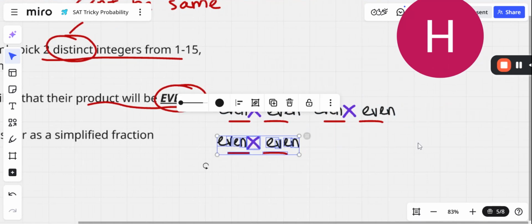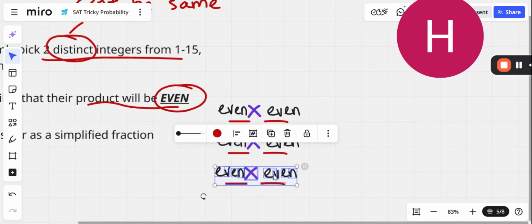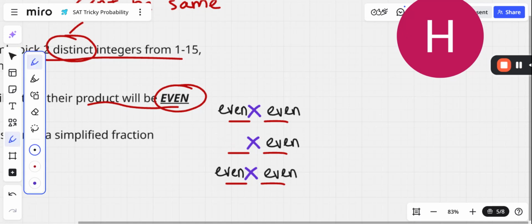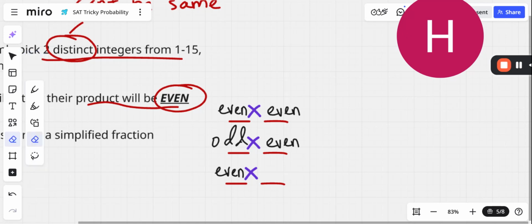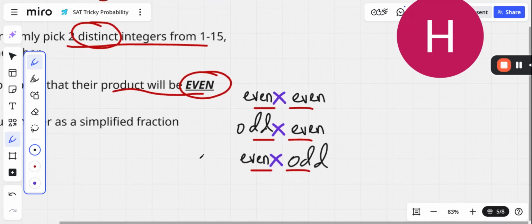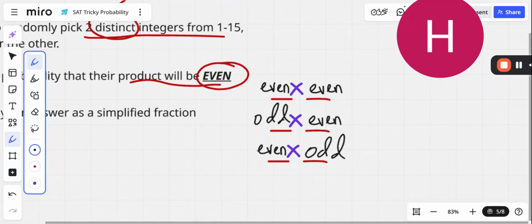There we go. And there we go. So we can even have an odd times an even, or we can even have an even times an odd. Doesn't really matter there. But instead of adding all of these different scenarios, what would be more clever?